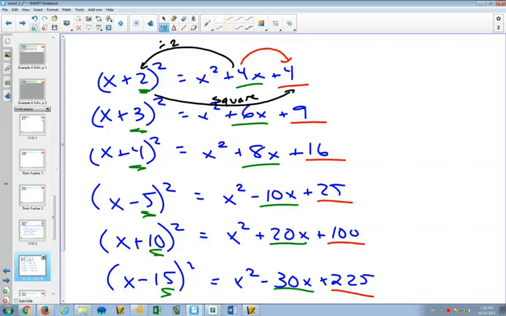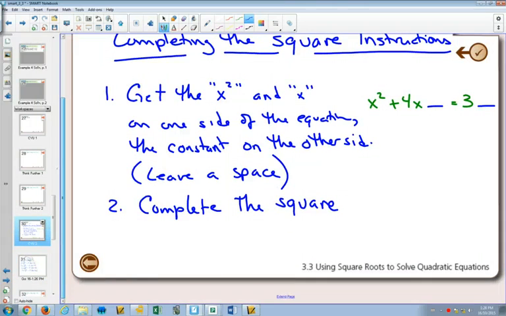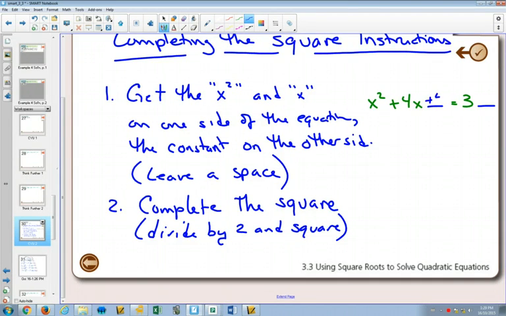Can you see that? Okay? So part of completing the square process, recognizing this pattern, we can go here and say, complete the square. Maybe in brackets we write, divide by 2 and square. Because that's what's happening. So if I take 4 and divide it by 2, I get 2. And then if I square it, I get 4. So I'm going to write plus 4 here.